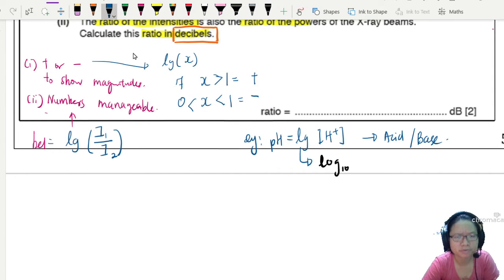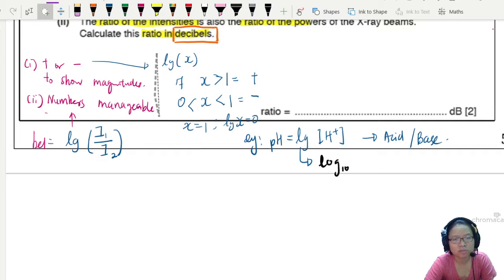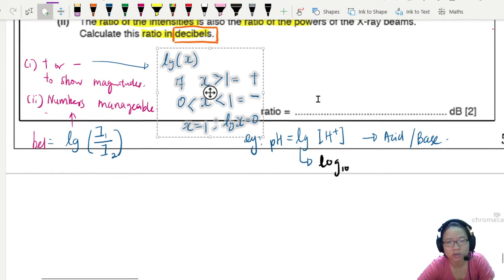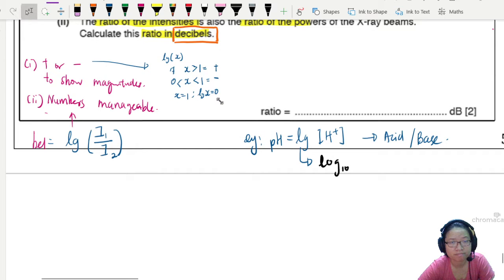Is my log graph right? Yes, my log graph is right. So you might be thinking, what if x is equal to 1? If x is equal to 1, then your log x is 0. Press your calculator and see. So this positive and negative number allows us to know which magnitude is bigger.